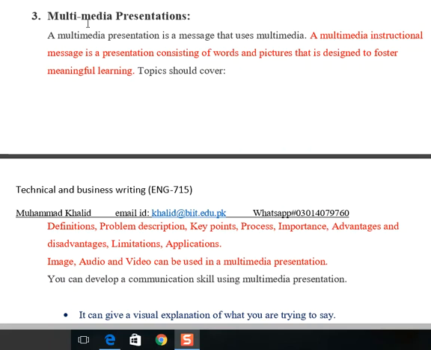Multimedia presentation is actually the technology-backed mode of communication in which we apply visuals, audio and other things through the tools of the slide.